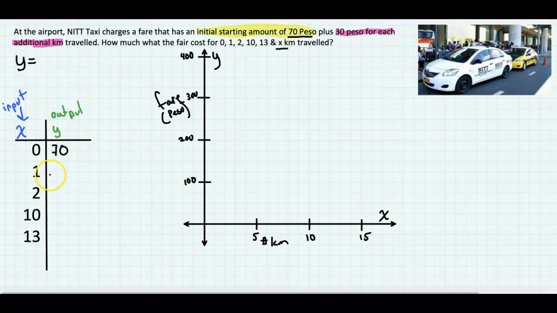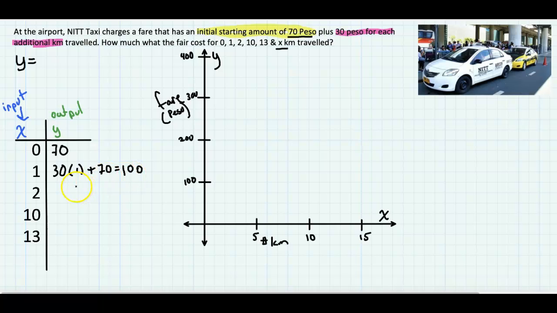If I was to travel 1 kilometer, that's going to be 30 times 1 plus the initial 70. So that would be 100 peso. That's 100 for 1 kilometer.